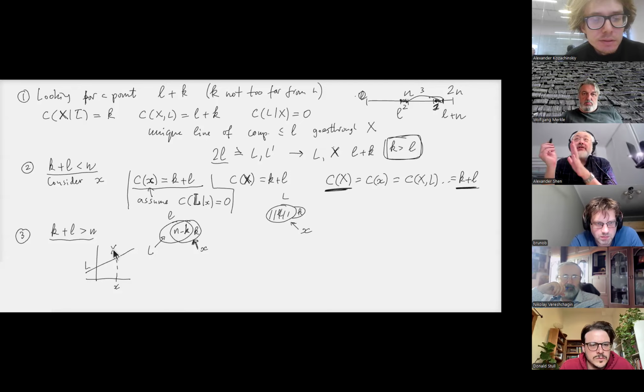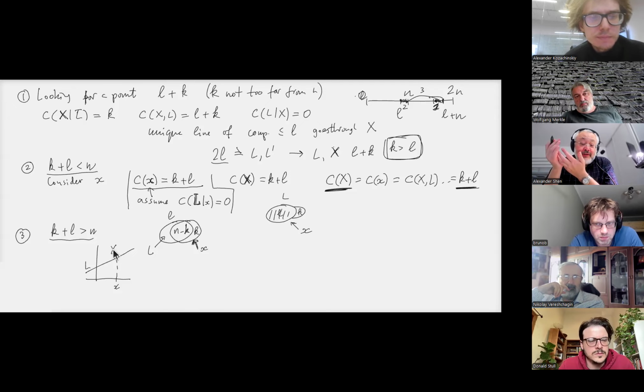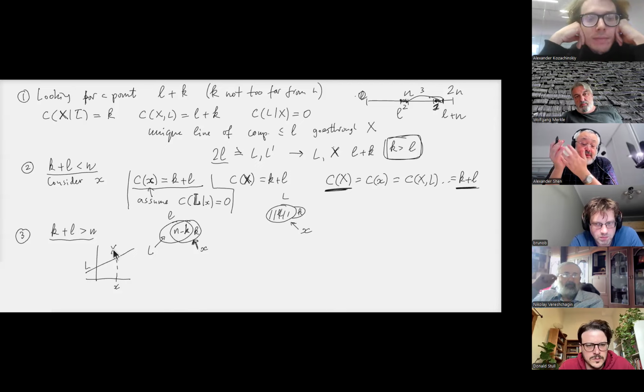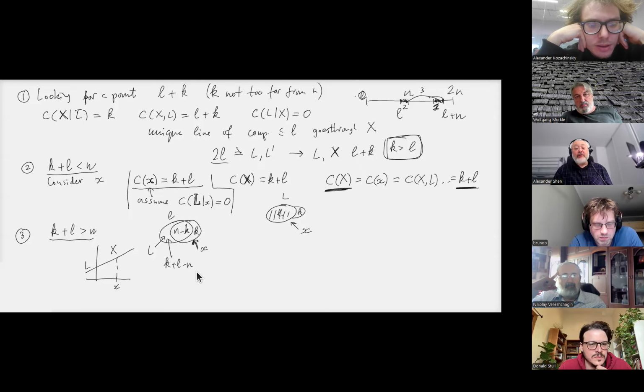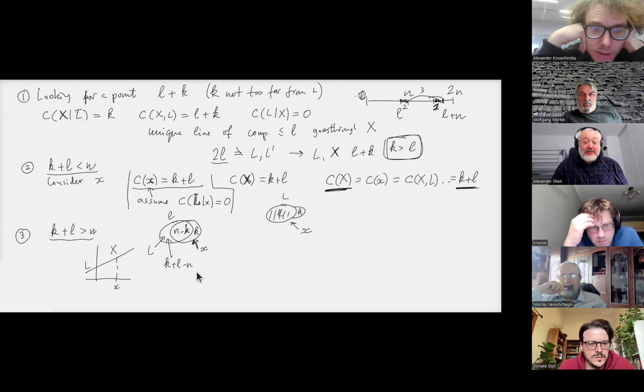So we take the shortest description of L. We take n minus k bits from this description, and we use the fact that L is larger than n minus k, and then we add k random bits.